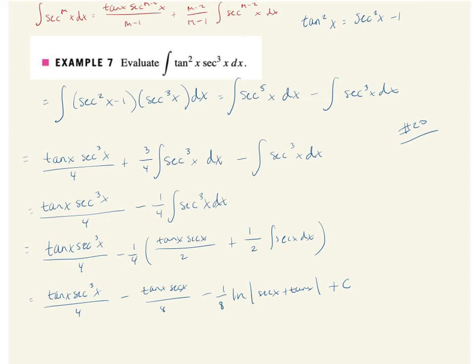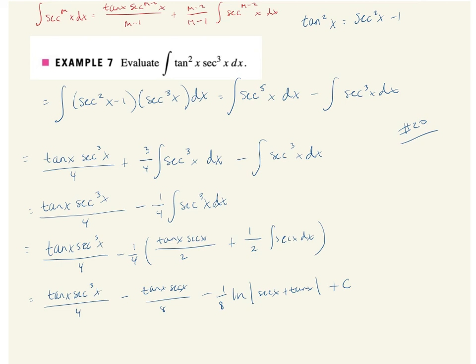So secant to the 5th power reduces to tan x secant cubed x over 4 plus 3/4 integral secant cubed x dx, minus the original integral secant cubed x dx. Combine like terms and do the reduction formula for the secant cubed x, carrying everything along with it, right?